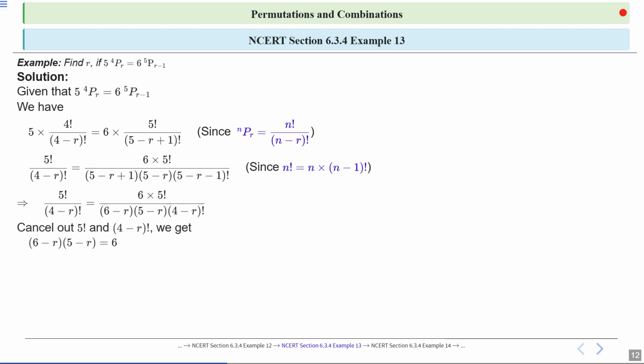Now cancel out 5 factorial and (4 minus r) factorial. We get (6 minus r) multiplied with (5 minus r) is equal to 6.